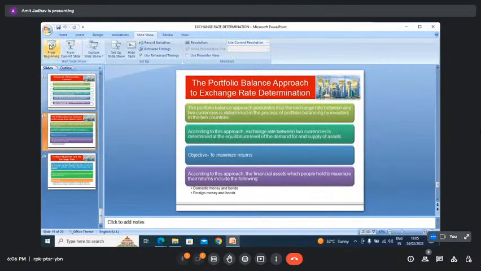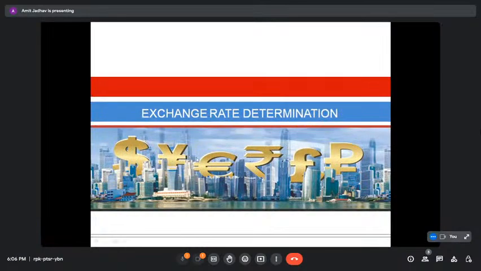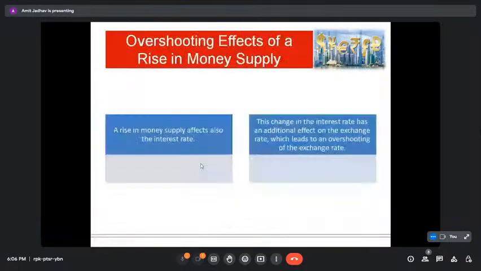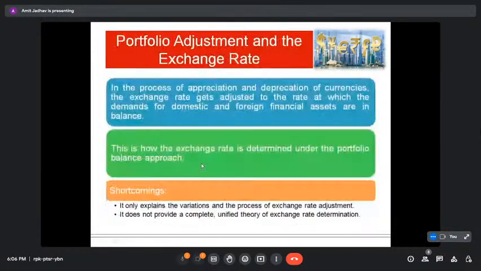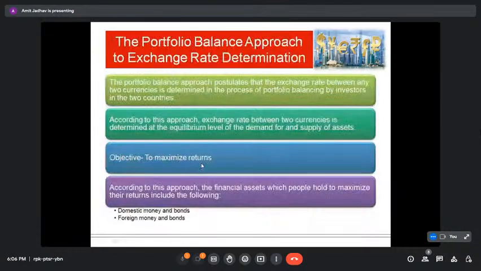Okay, so now we have to conclude our lectures. In today's lecture we tried to analyze the foreign exchange market. We looked at the participants in the foreign exchange market, the types of foreign exchange market, and how to control the foreign exchange market in the first part of our lectures.